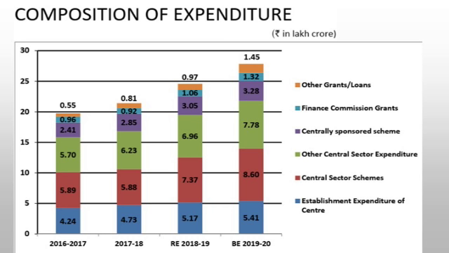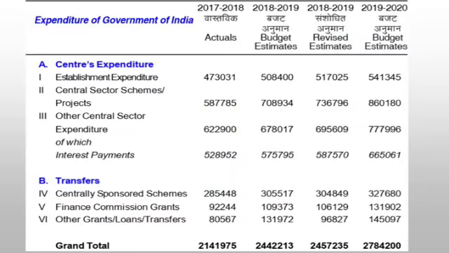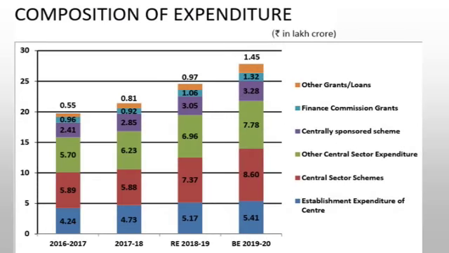Friends, if you look at this graph, the highest expenditure for the central government is on central sector schemes, 8.6 lakh crores. Then other central sector expenditure, which we saw earlier. In other central sector expenditure, the biggest one is interest payment, 6.6 lakh crores. That is what is shown here.